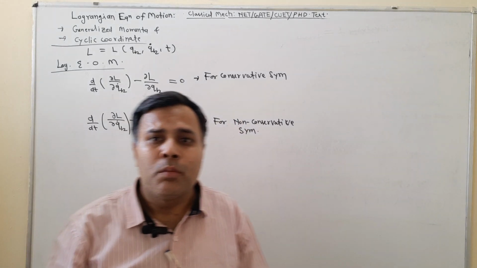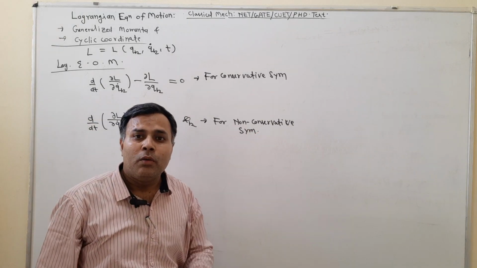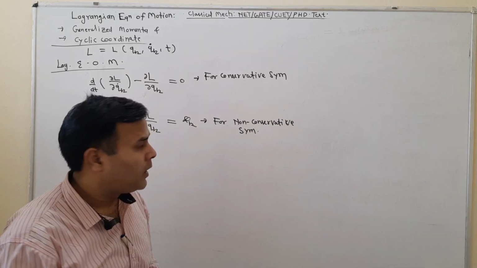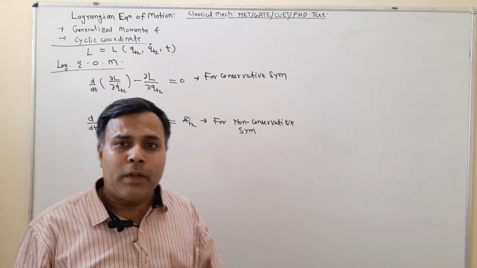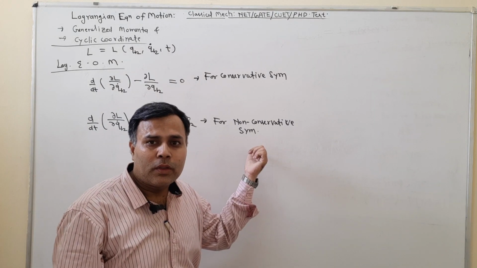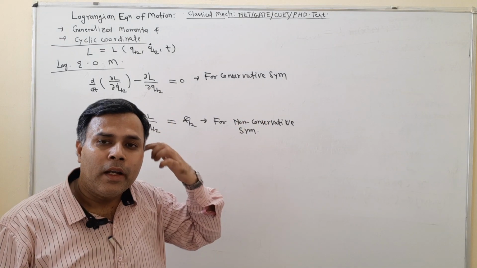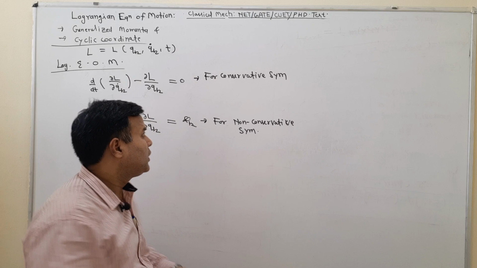Conservative system means the force is derived from the potential. Non-conservative system means velocity dependent potential. Mathematically, a conservative system has simply a position dependent potential, or we can say the force is derived from the potential.